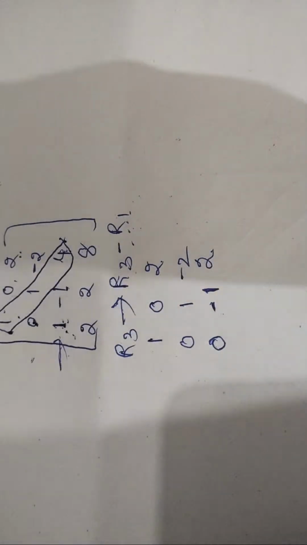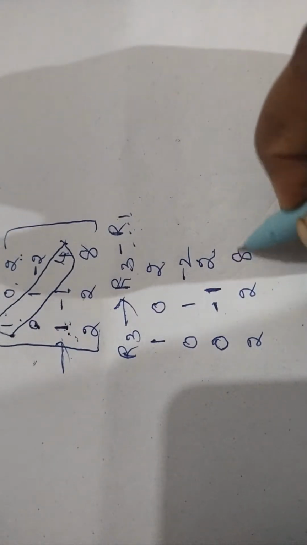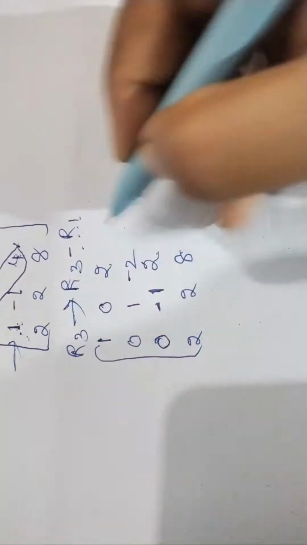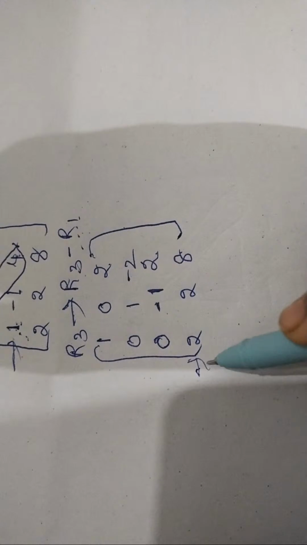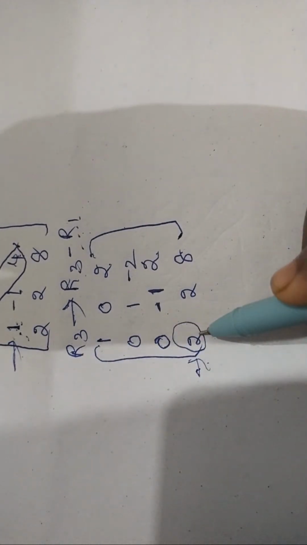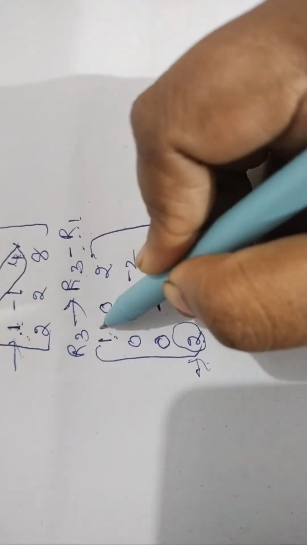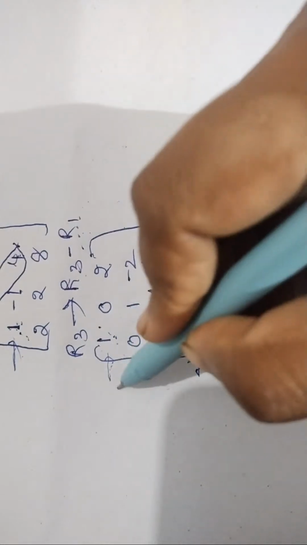The next row is 2, 2, 8. Next, now I want to make R4, this element is 0. How it becomes 0? Suppose if it is 2, then 2 minus 2, 0. Means we need to multiply R1 with 2.